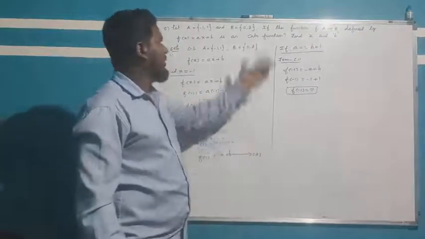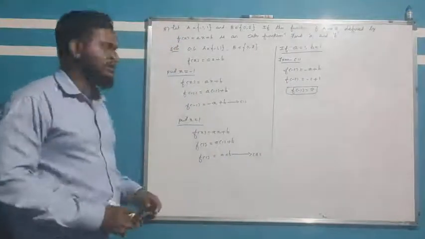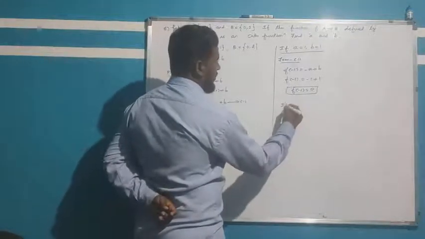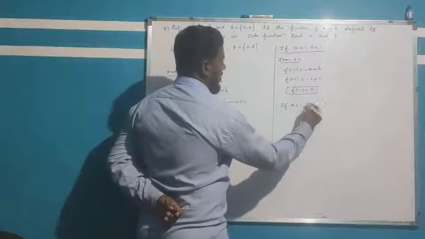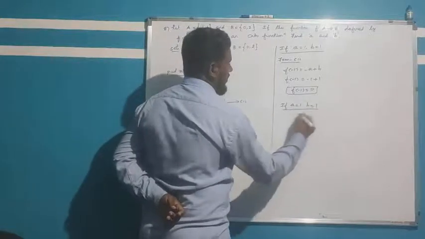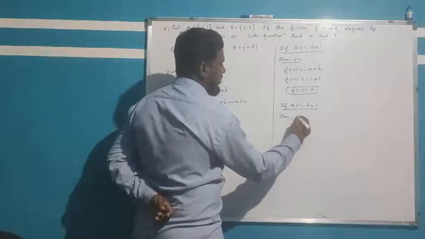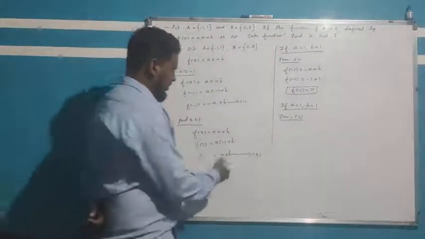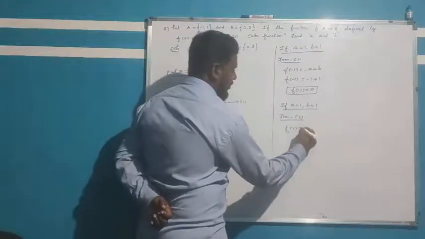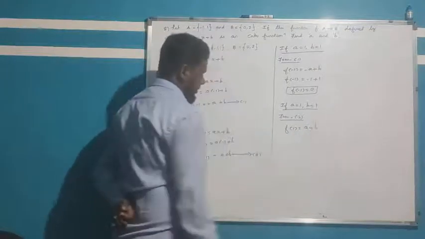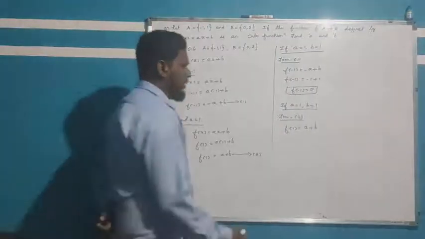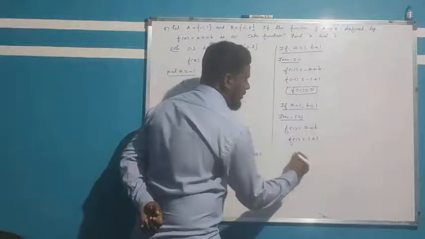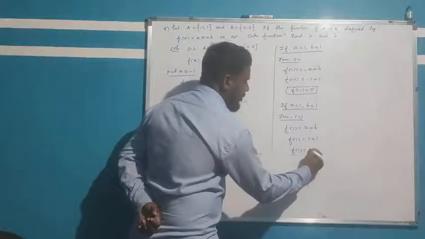Again in equation 2 also you can check. What is equation 2? f(1) = a + b, with a value 1 and b value 1, so f(1) = 2.